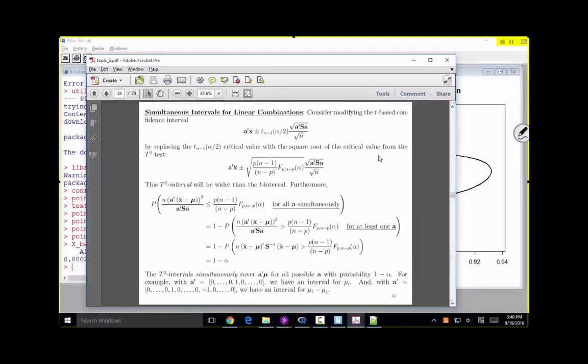The usual univariate style confidence interval would use a t critical value in it. So for, say, variable 1 with a mean of x bar 1 and a sample variance of, call it s squared 1, we would do x bar 1 plus or minus a t critical value times s1 over the square root of n.